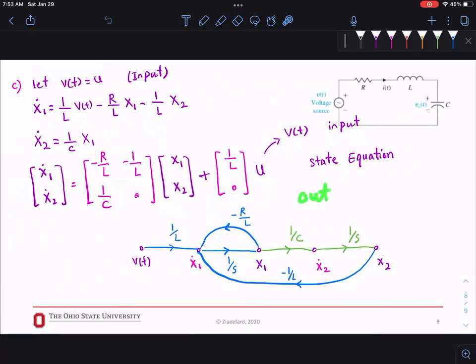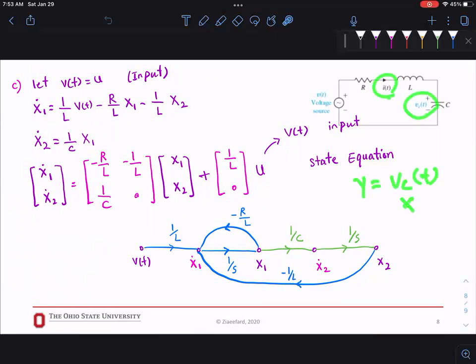For the output equation, this is a design decision. As an engineer, depending on what you're controlling, you can write whatever output you want. Output is usually a function of the state variables of the system. You have two variables, Vc(t) and iL(t). You can say your output y could be Vc(t).